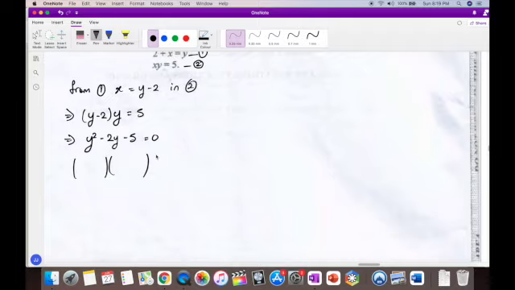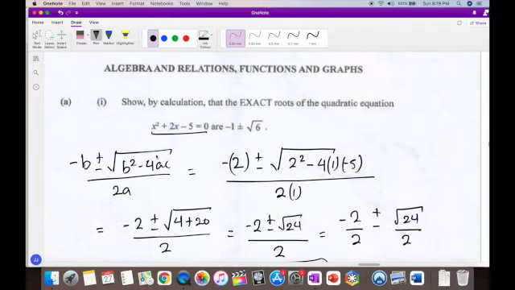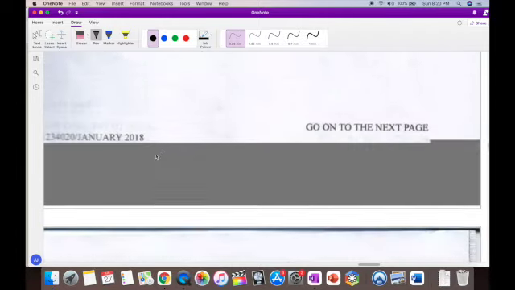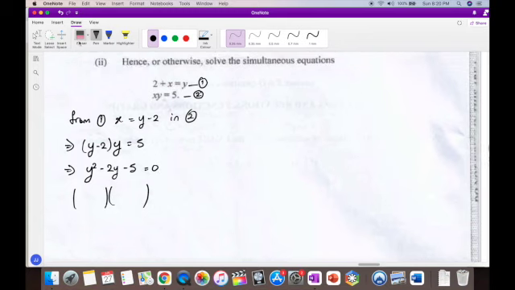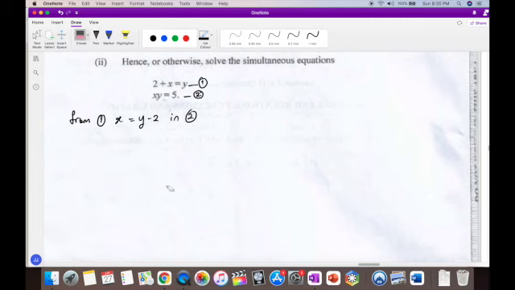It doesn't really seem to have anything, but plus 2x minus 5. Let's try something else. Let's try instead y is equal to x plus 2. So we'll just sub 1, y is equal to x plus 2.